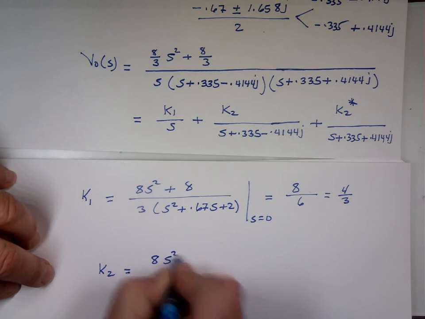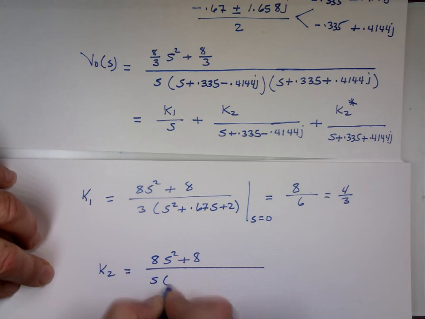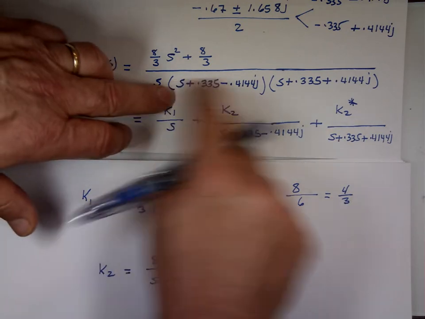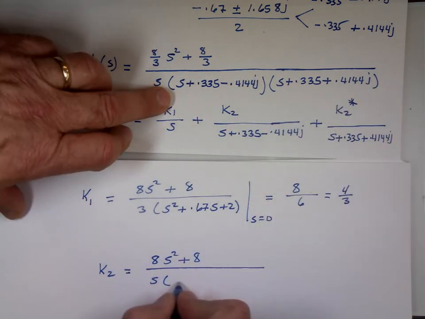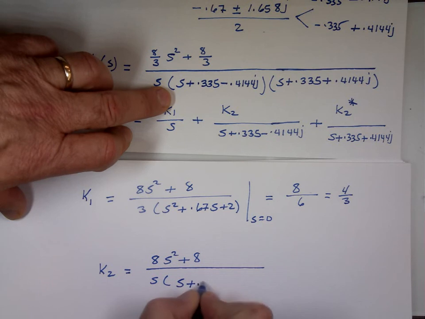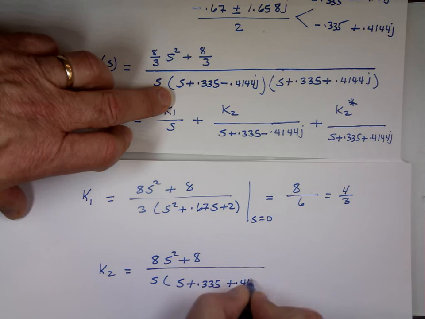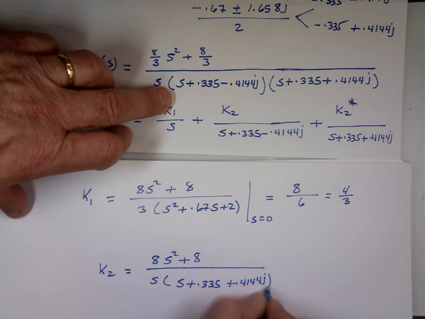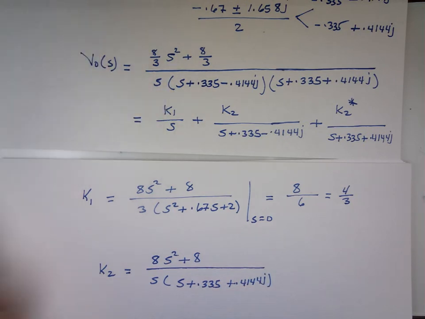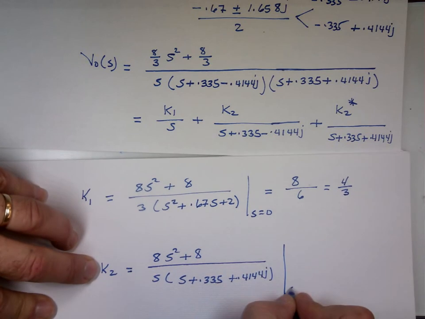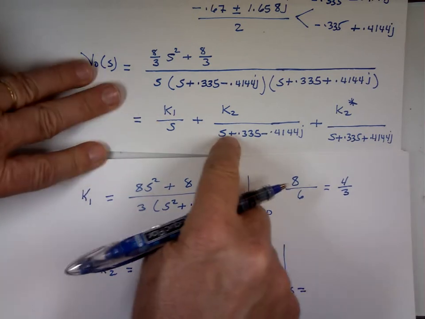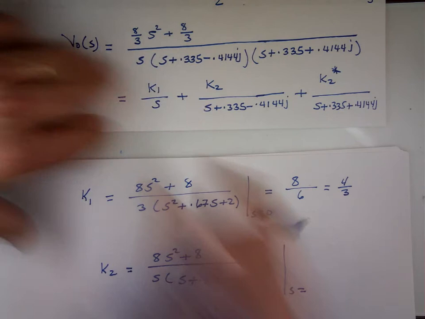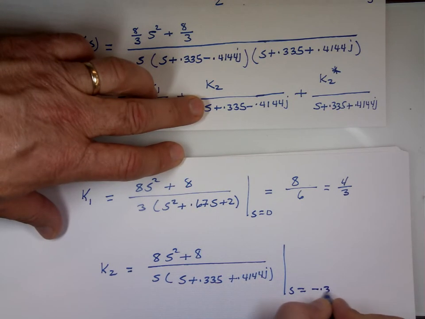Over S times, but instead of putting this piece out, just leave that piece in. That's it. When S equals what? What makes the bottom of K2 0? When it's negative 0.335 plus 0.4144J.